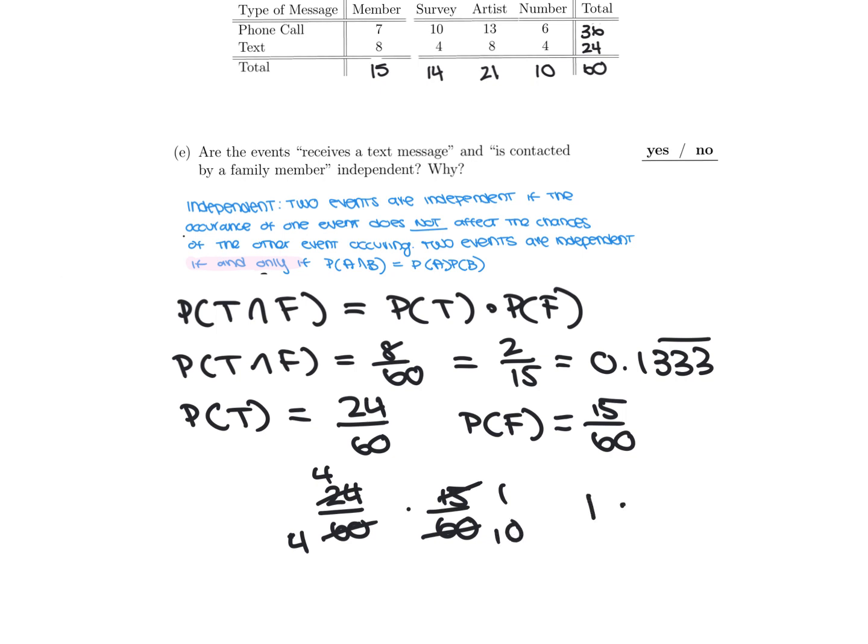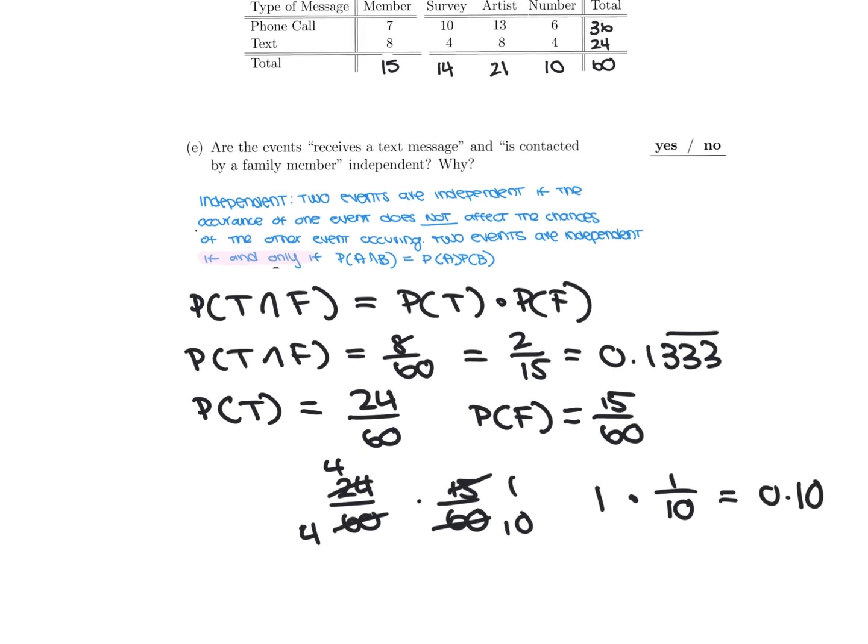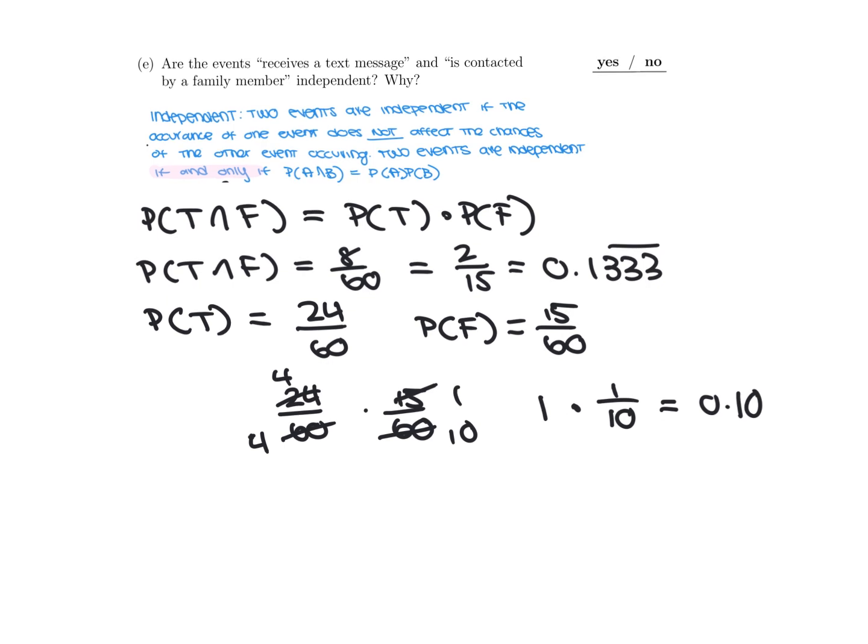So it's going to be 1 times 1 over 10, which equals 0.10. And now let's set up our equation. So 0.1333 equaling 0.1, which is not correct. They do not equal each other. So this means that they are not independent.